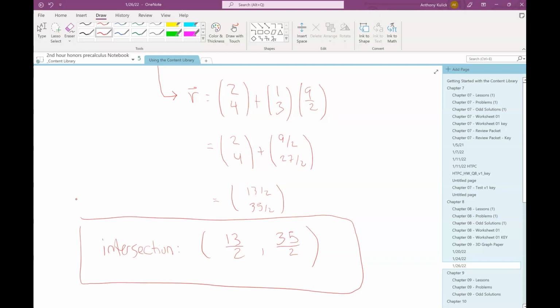So again, if we take a look at this process, you're probably thinking that seems way worse than just turning these into slope-intercept equations and solving.